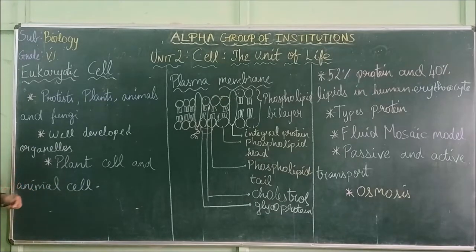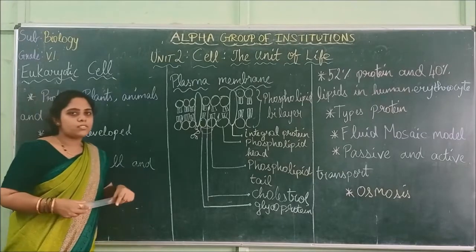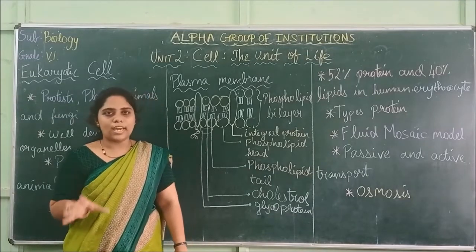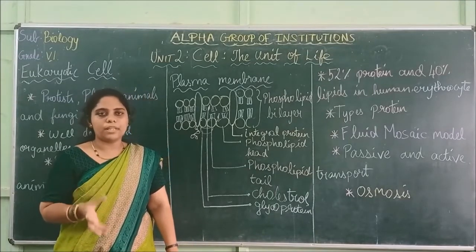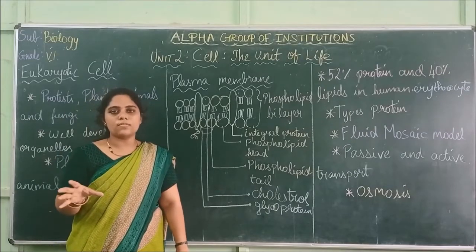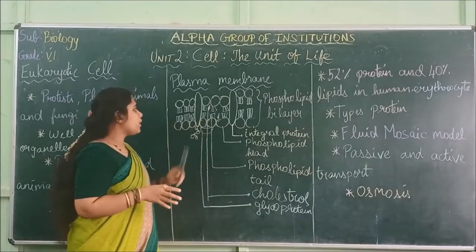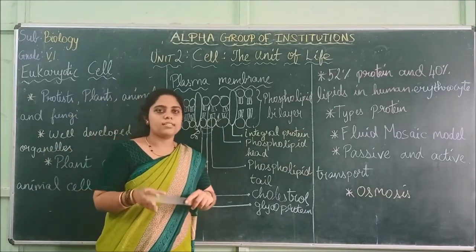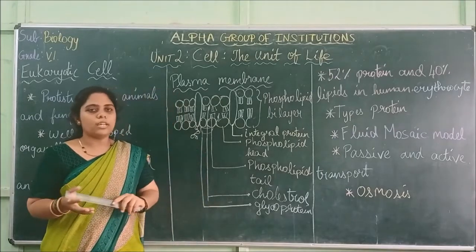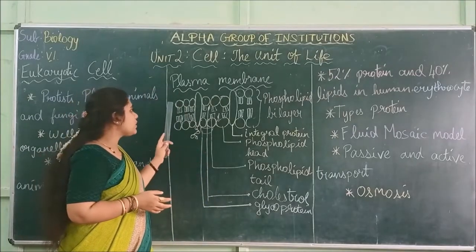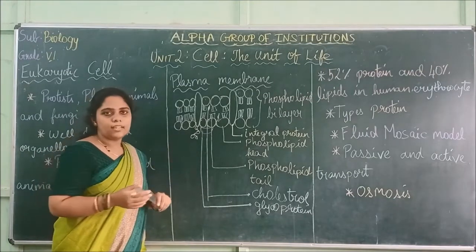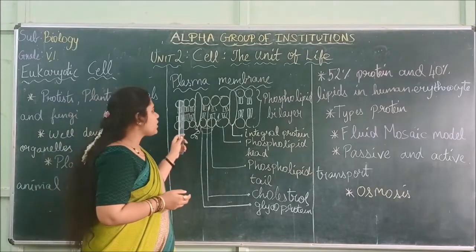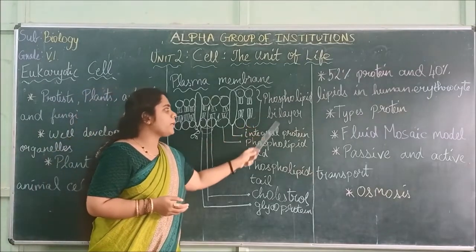Now let me move into the plasma membrane structure. We are going to see each and every organelle of this eukaryotic cell, how the structure is and what its function is. The plasma membrane is mainly made up of carbohydrates, proteins and also lipids. It is a bilipid layer, with two layers of lipid, which is why it is called a phospholipid bilayer.